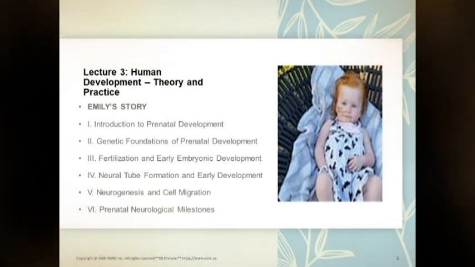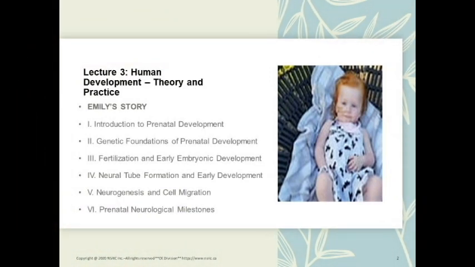Then we have the embryonic stage, a period of rapid development, roughly from week 3 to week 8. The blastocyst differentiates into 3 layers: the ectoderm, the mesoderm, and the endoderm, and these layers give rise to different organs and tissues.